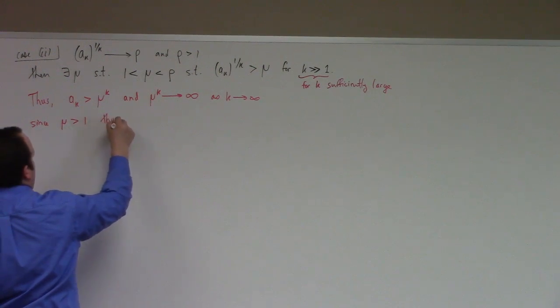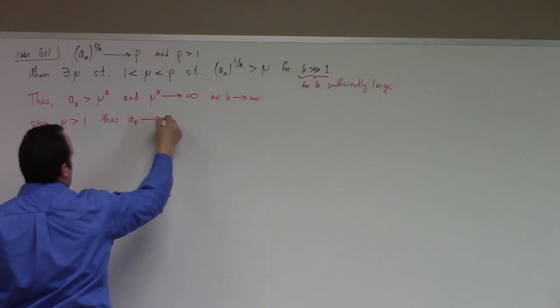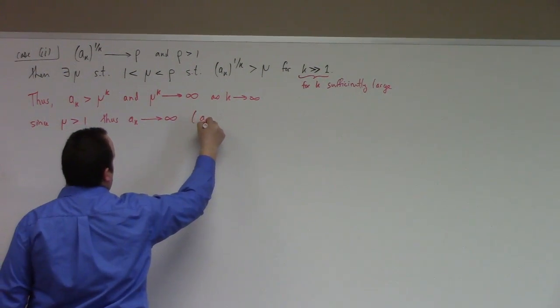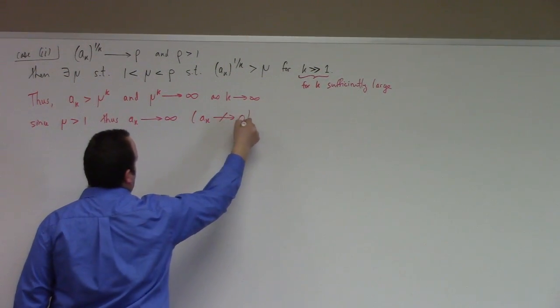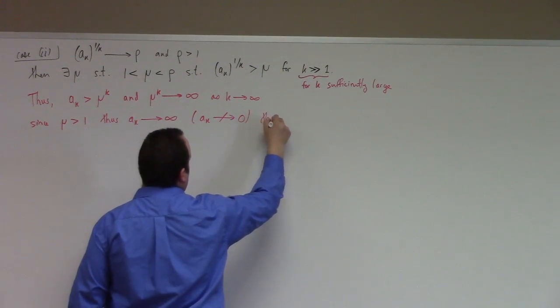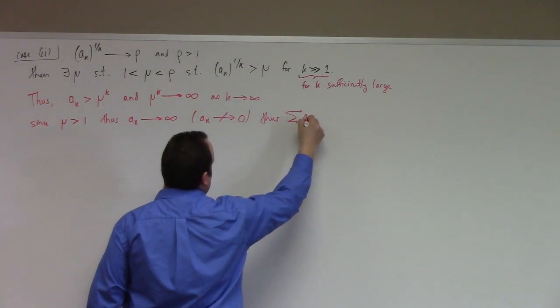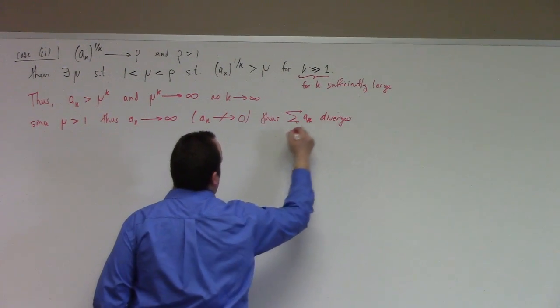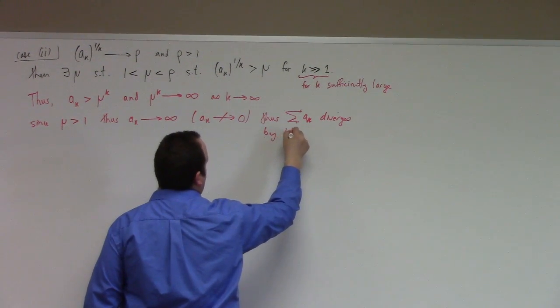Thus a sub k also goes to infinity, which of course means a sub k is not going to 0, right? Thus the series diverges by the kth term test.